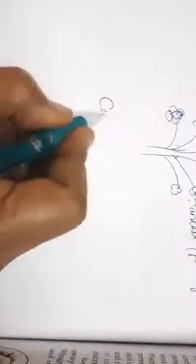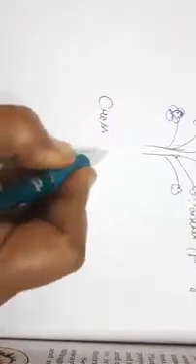Clear, children? The second type of pollination is cross-pollination. Now, as the name itself indicates, in cross-pollination there may be two plants.